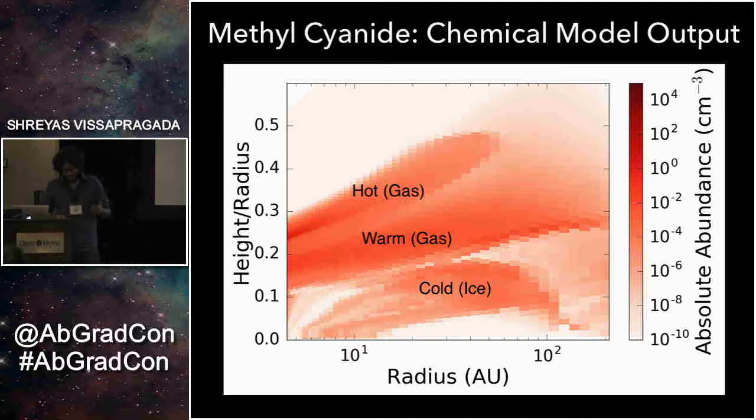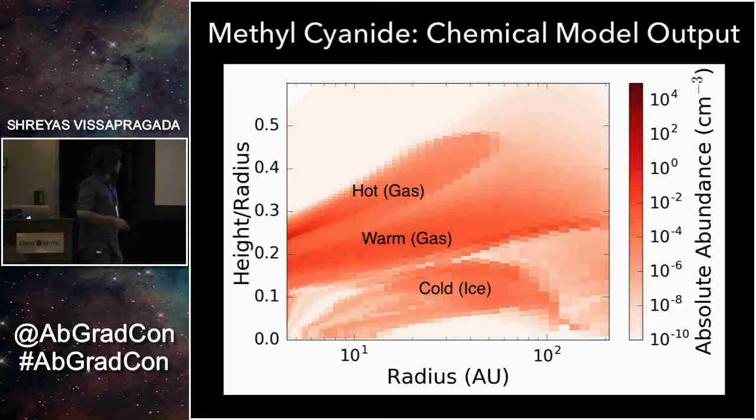So the next step from here would be to compare these to observations, but unfortunately we don't have any published observations of methyl cyanide in the source yet. But we also did some feasibility studies to see if we could do that with ALMA in the next cycle. If you're interested in talking to me about that later, come find me.